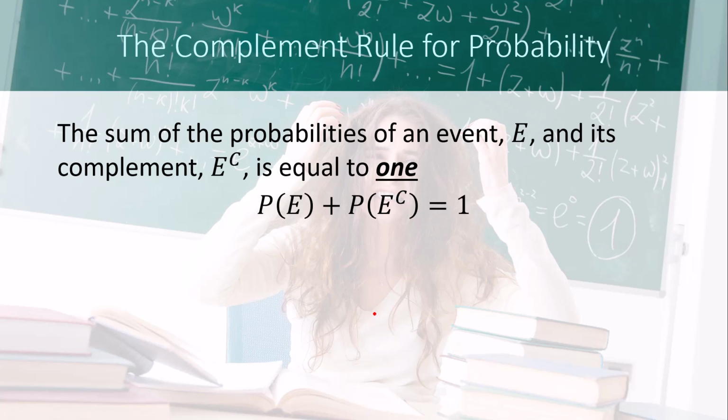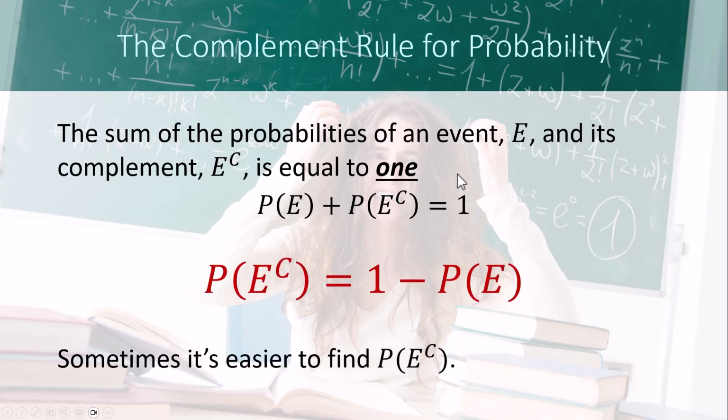As we just mentioned before, the sum of the probabilities of an event and its complement is equal to 1. And it turns out that since they are mutually exclusive, which we'll talk about in just a second, their probabilities actually add together directly. That's not always the case, which we will learn about in the addition rule. As a consequence, the probability of its complement will always be equal to 1 minus the probability of the event in question.